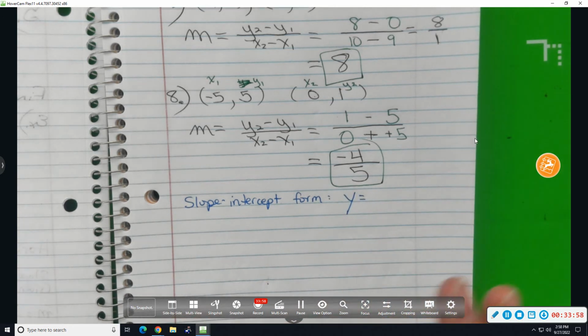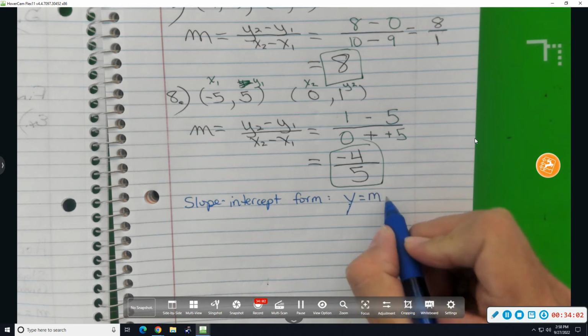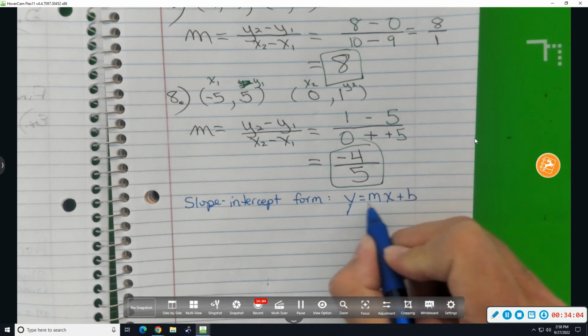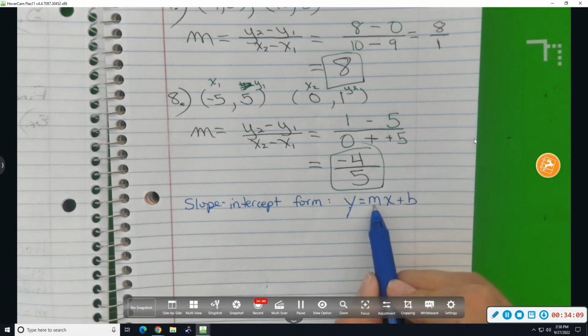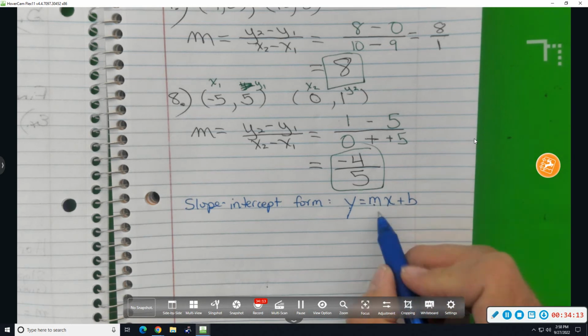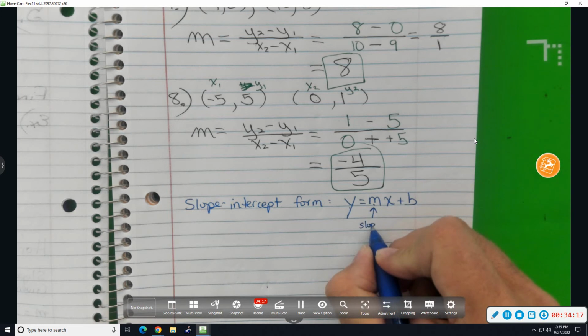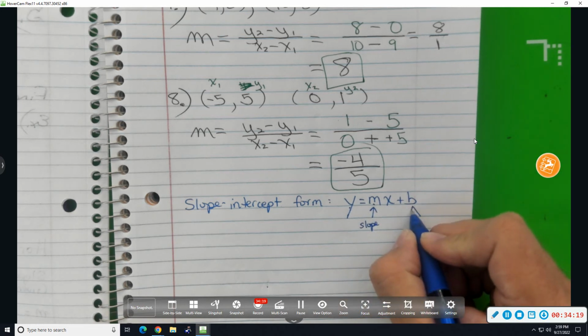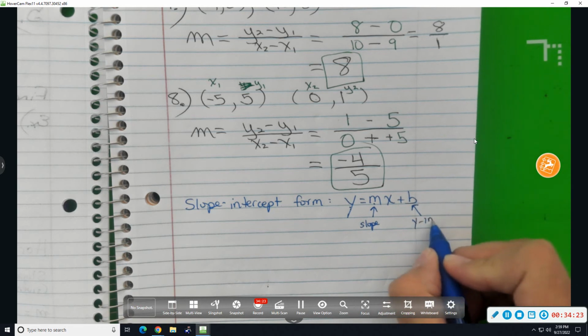If you take the equation of a line and isolate the y, if it has an x and a y and you isolate the y, then the number in front of x, the coefficient of x, notice I denoted it m because that's the slope, and this number here is the coordinate of the y-intercept.